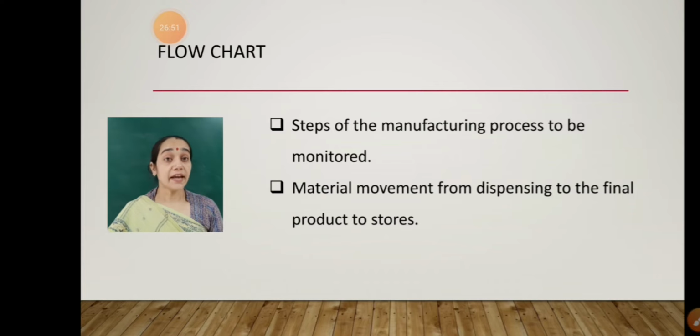It will not only contain the manufacturing process steps, but also how the material is going to move from one place to another, from dispensing to the final product, and from the final product to the store. As it has been collected, then dispensed, then made into the final product, it finally goes to the different stores for storage of the product.